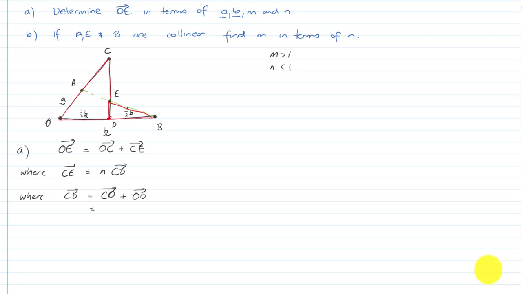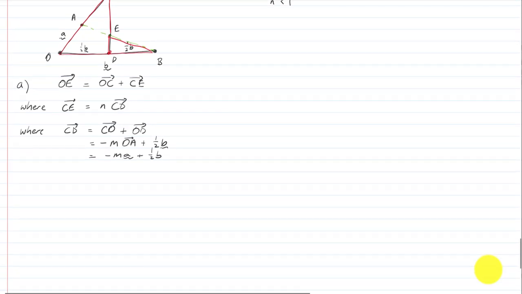So CD is equal to M, well, it's just a negative because I'm working backwards, MOA plus half B, and OA is just A. So negative MA plus half B. And so therefore, CE is equal to N times negative MA plus half B.